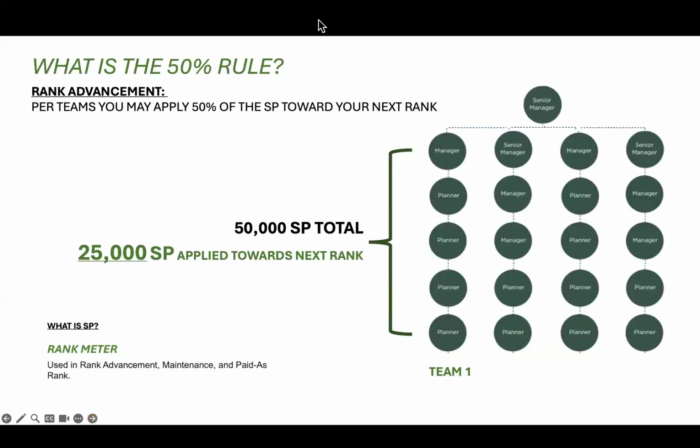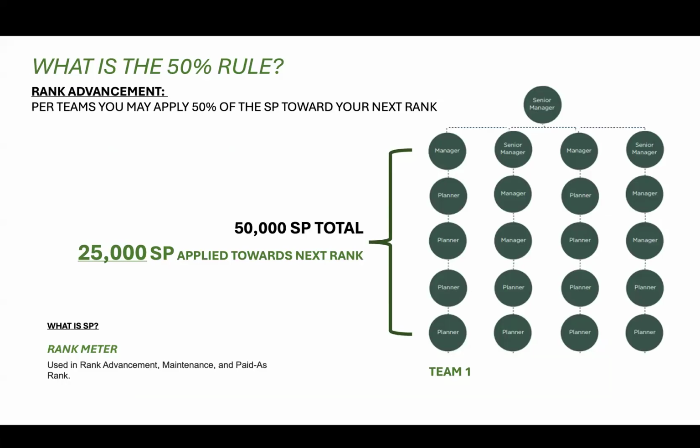Now we have something called the 50% rule. What is the 50% rule? When you're rank advancing, you know how we're calculating SP, right? For rank advancement, it's per team. You may apply 50% of the SP toward your next rank. What that means is when you're building a leg, one leg is a separate team or organization you're building.